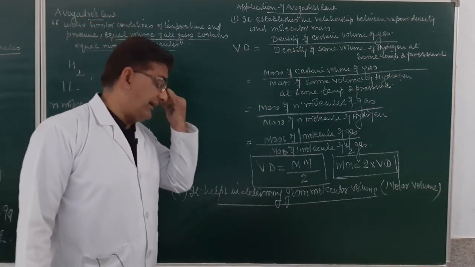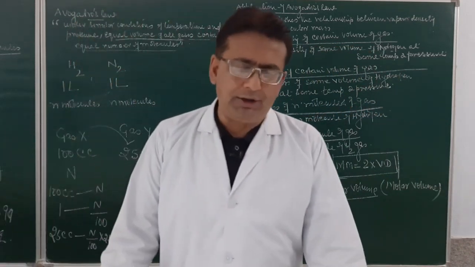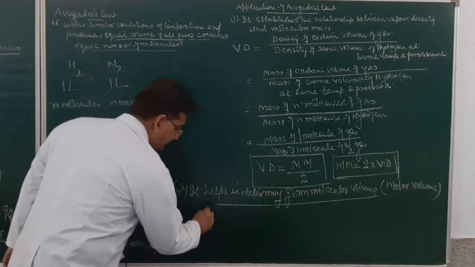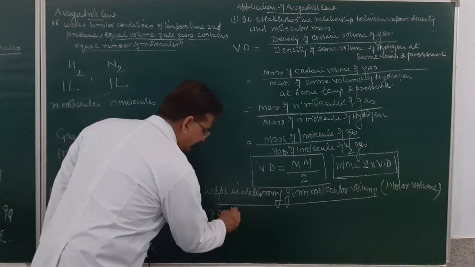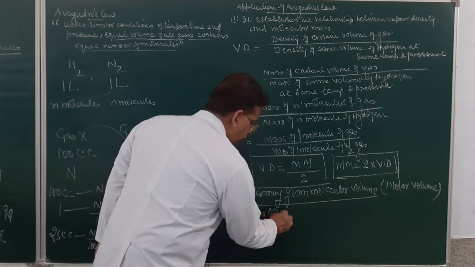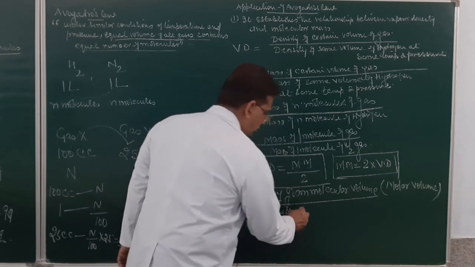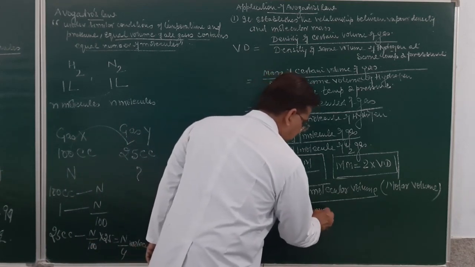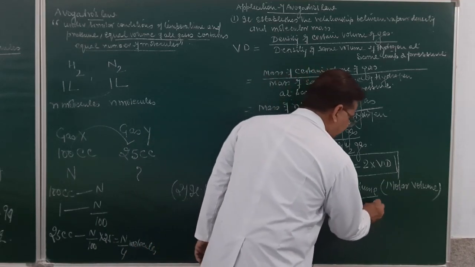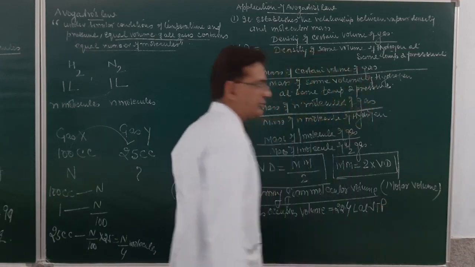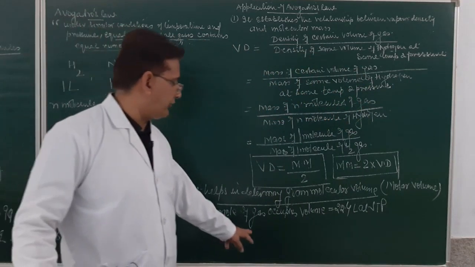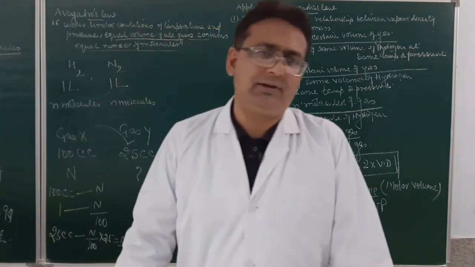And the molar volume of a gas at standard temperature and pressure is 22.4 liter. We very well know the relationship: 1 gram mole of a gas occupies a volume equal to 22.4 liter at standard temperature and pressure. Am I clear? So 1 gram mole of a gas occupies a volume equal to 22.4 liter at STP.